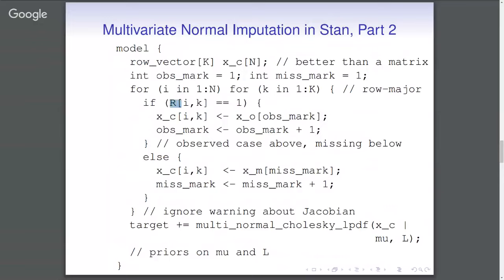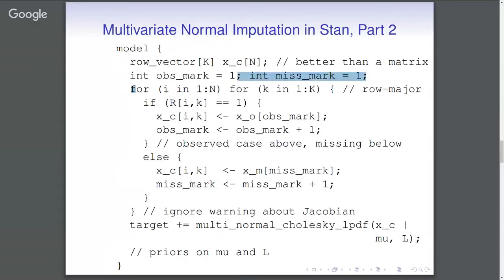So if R_ik is 1, then we're going to extract the next element out of X_O and stick it into X_C. And when we do that, we're going to bump up observed mark by 1. If R_ik is 0, then we're going to extract the next element out of X_M and stick that into X_C. So X_C is the completion of X_M and X_O. We also bump up the missingness mark when we do that.